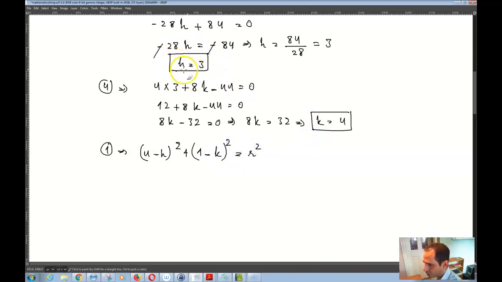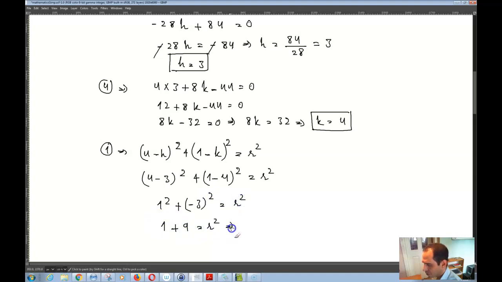Now h is equal to 3, so 4 minus 3 whole squared plus 1 minus 4 whole squared is equal to r squared. That is 1 squared plus negative 3 squared is equal to r squared. 1 plus 9 is equal to r squared. That means that r squared is equal to 10.